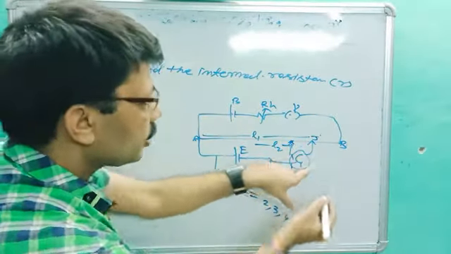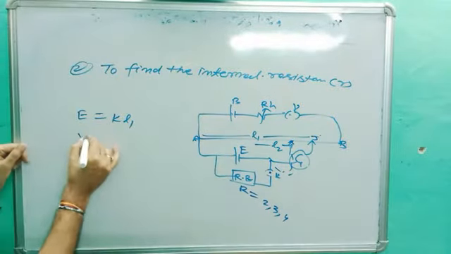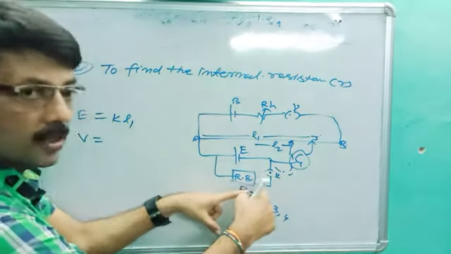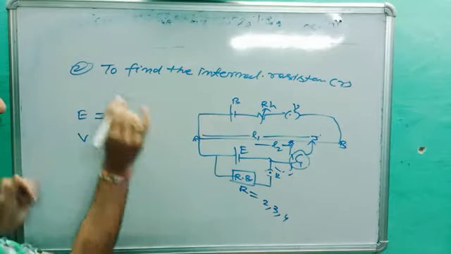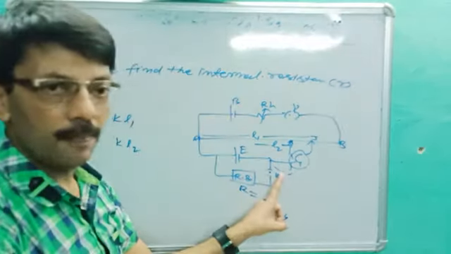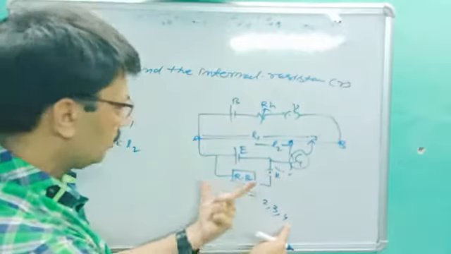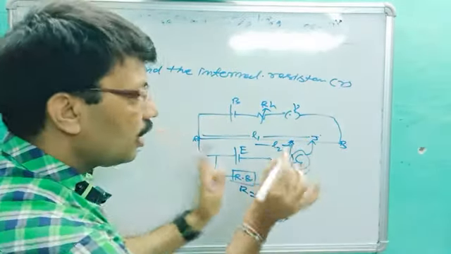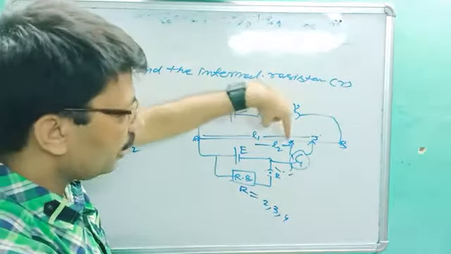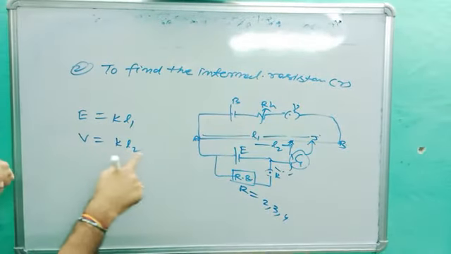At L2 it shows null deflection, then it becomes V, not E, because the parallel resistance provides the potential difference. So the formula V is equal to KL2.